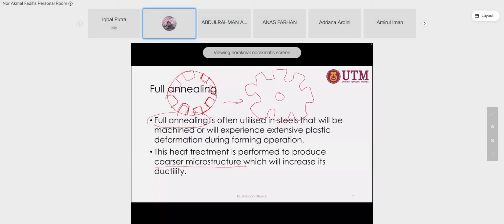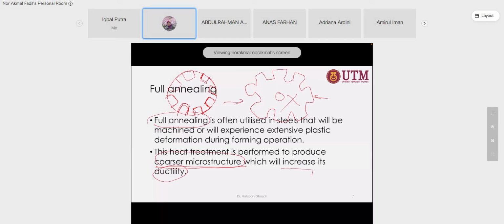They don't want this to be hard, so they are free to treat this structure to obtain ductile properties. So through this heat treatment process, you will get a coarse microstructure.